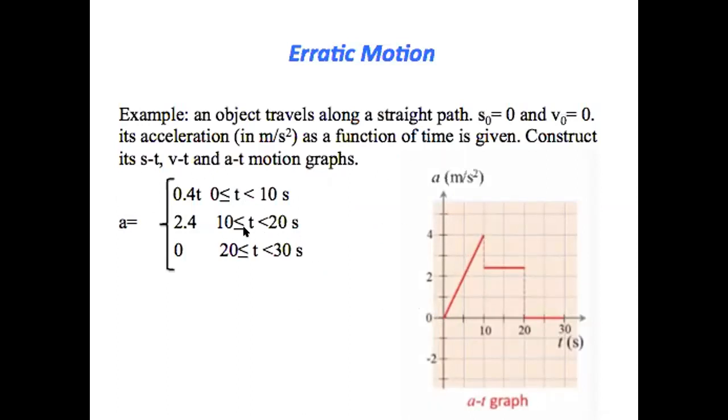For the second time period, 10 to 20 seconds, we sketch the second equation, where a is equal to 2.4. For the last time period, 20 to 30 seconds, we sketch the last equation, meaning a is 0.